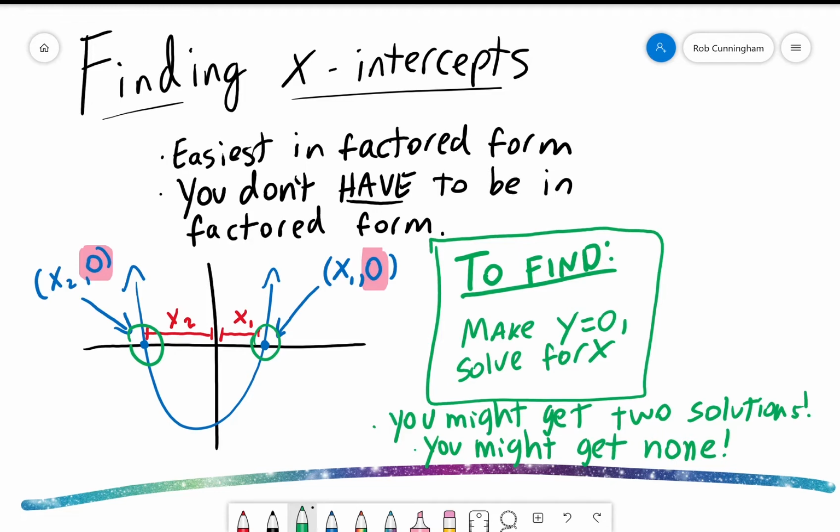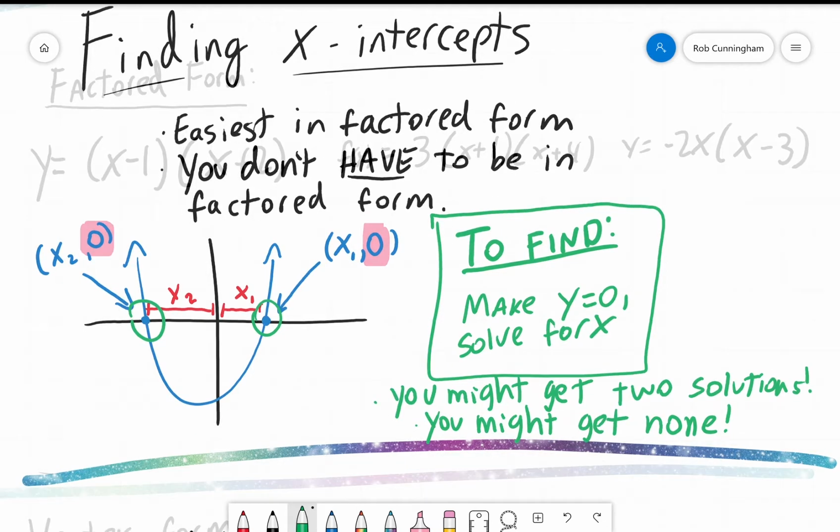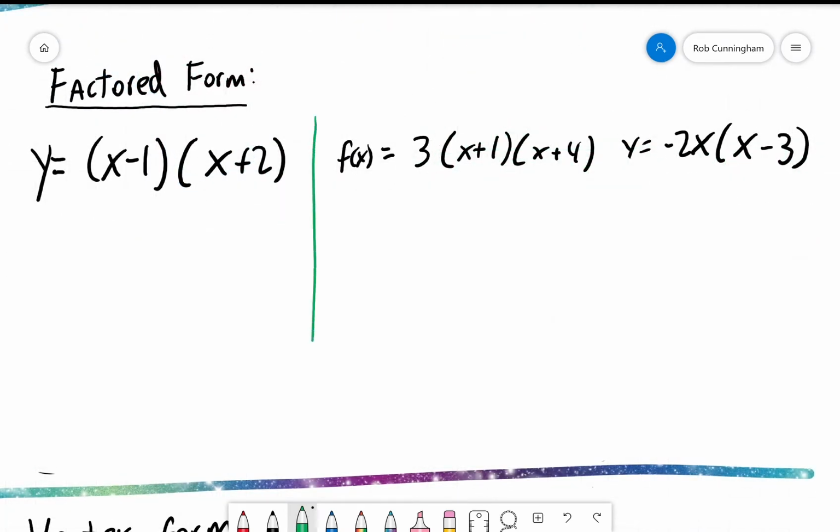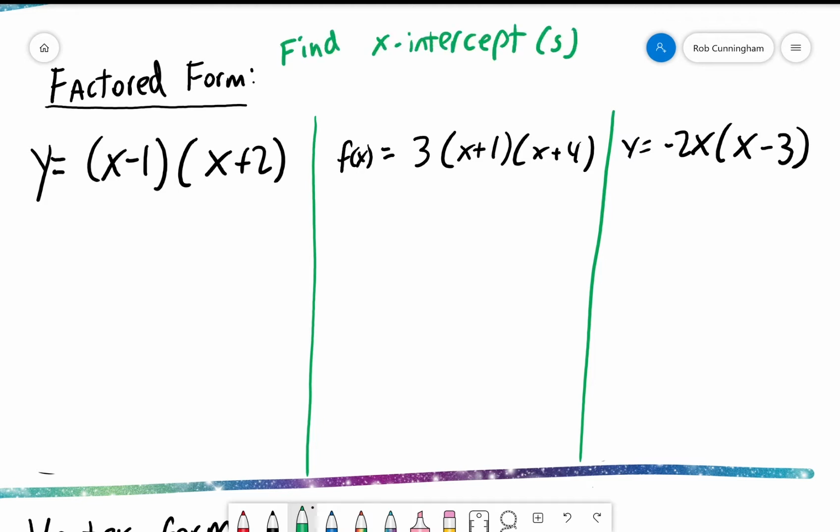Okay, so we're going to do some examples, and we're going to start with some easy examples in factored form. So as you can see here, I have three example problems, all three of which are in factored form. And we want to find the x-intercepts. Now remember, our method for finding x-intercepts is always make y equals 0, solve for x.